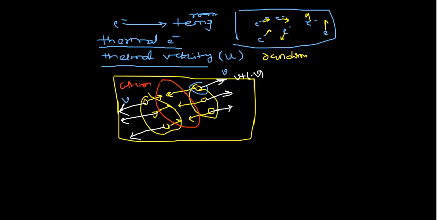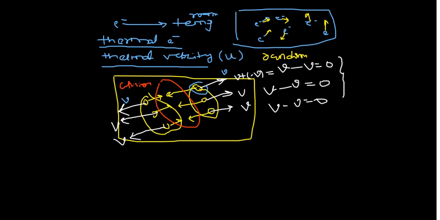If you remember the idea of velocity addition, the mathematics behind the velocity calculation, then v minus v, therefore the answer is 0. Similarly here, v minus v is 0, so the average velocity is always 0. This is the mathematical idea, otherwise the scientific reason, why current is not observed for thermal electrons: the effect is nullified.